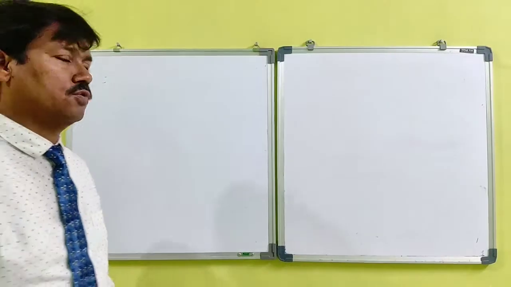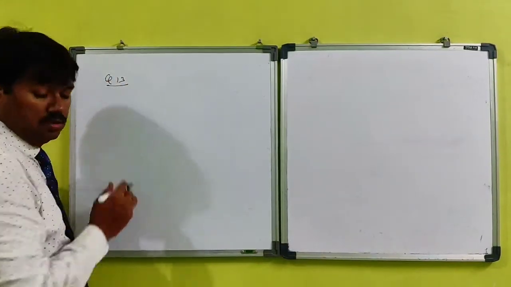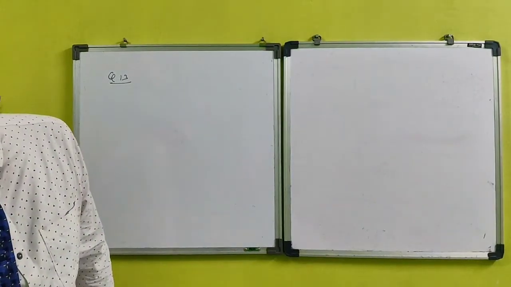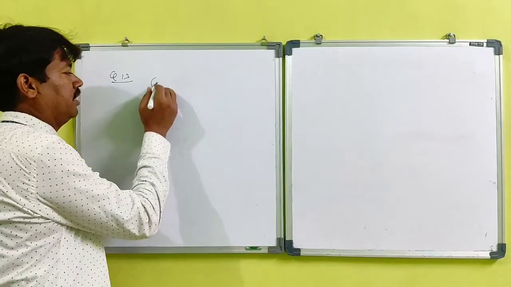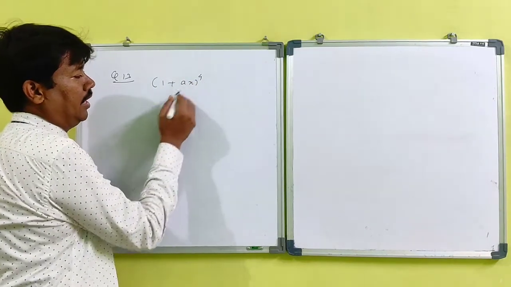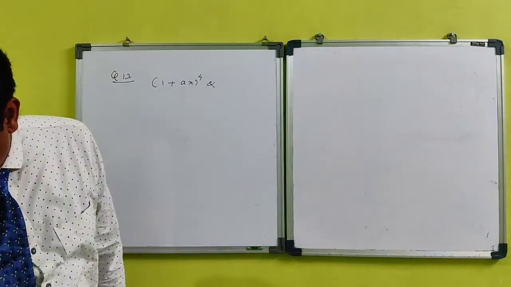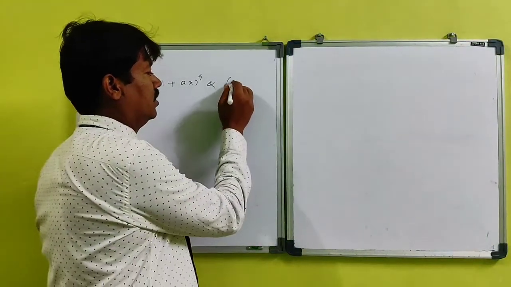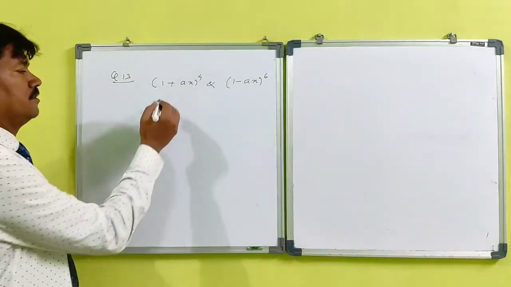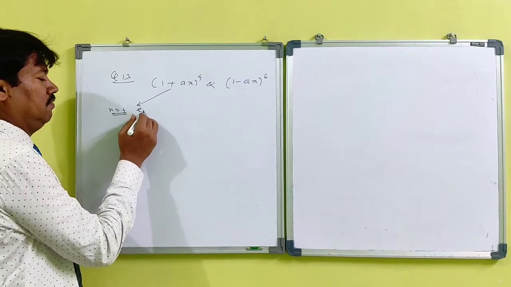Yes, in the next question, question number 13 of JEE booklet. So question number 13 of your notes. What is that? The coefficient of middle term in the expansion (1 plus ax) to the 4 and (1 minus ax) to the 6. So what is the middle term for this? For here n equal to 4, it is even.